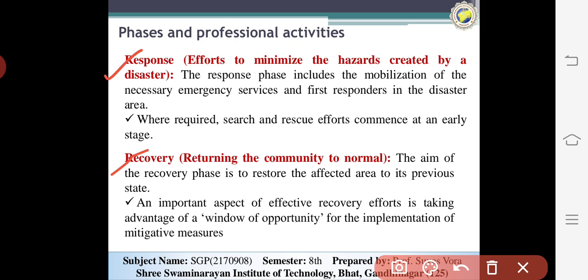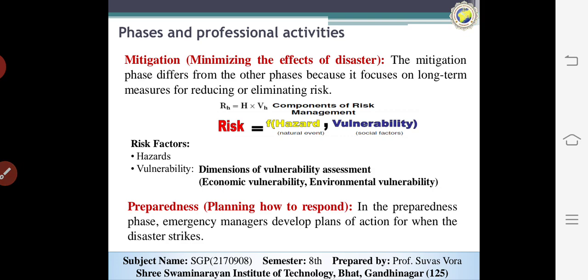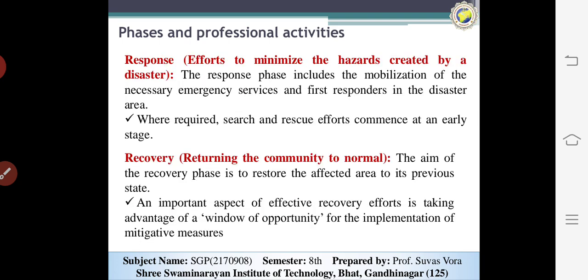So here we can see the four phases: mitigation, then preparedness, then response and recovery.